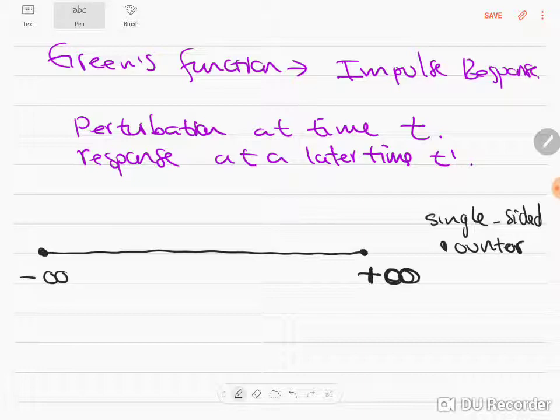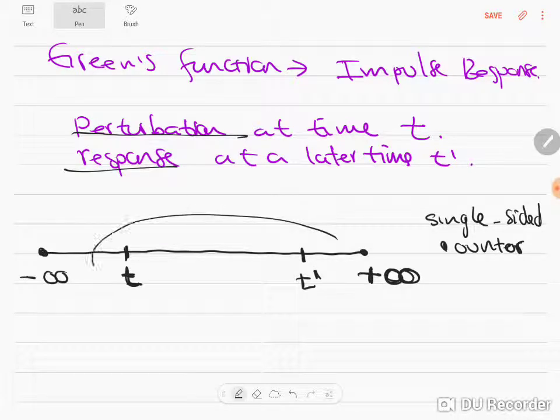Okay, so in this contour we have these two events, the perturbation and the response. Let's say that the perturbation is at this time t. Then we will observe a response at time t prime. What we want to calculate in quantum mechanics is the probability for this process to take place.